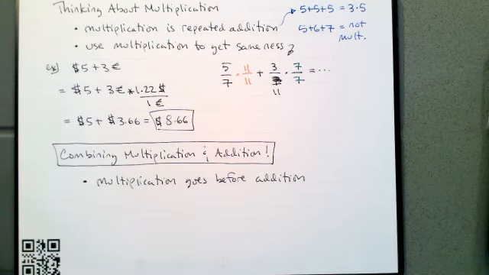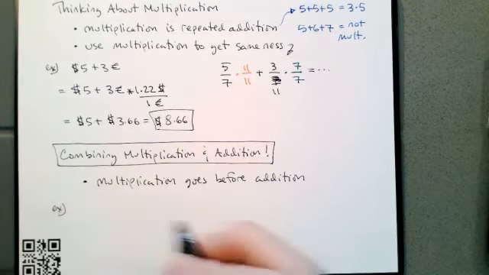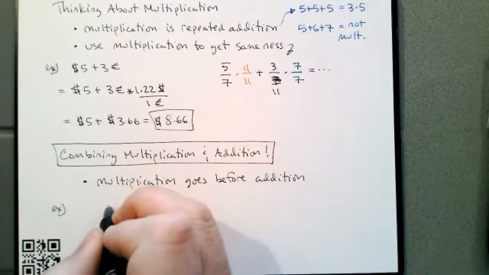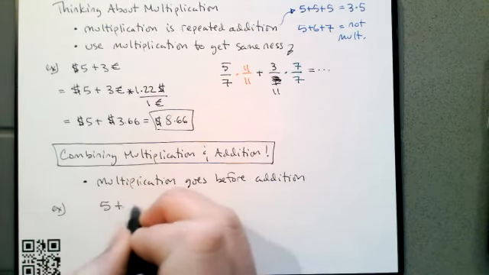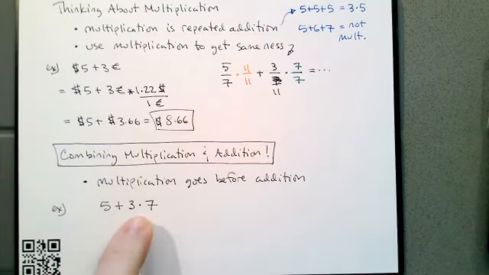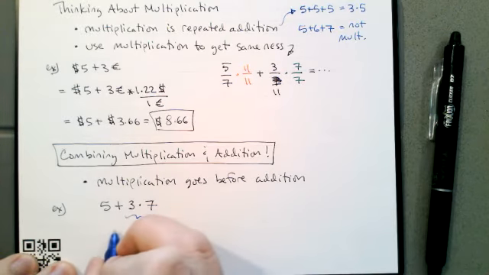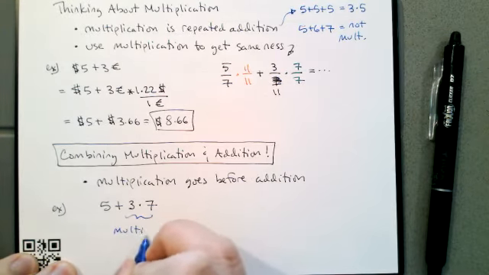So what I mean when I say multiplication goes before addition is best shown with an example. If I've got 5 plus 3 times 7, the multiplication comes first. Multiply first.